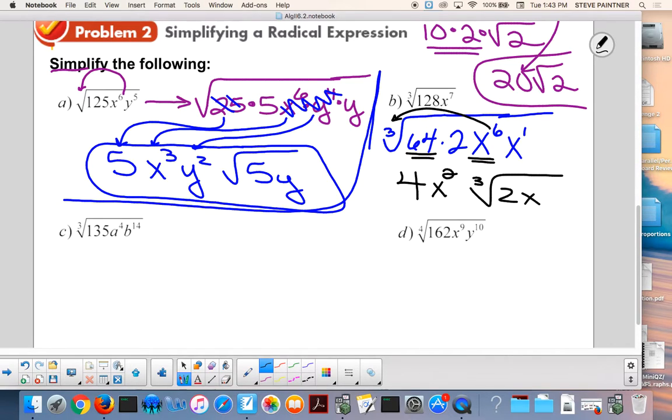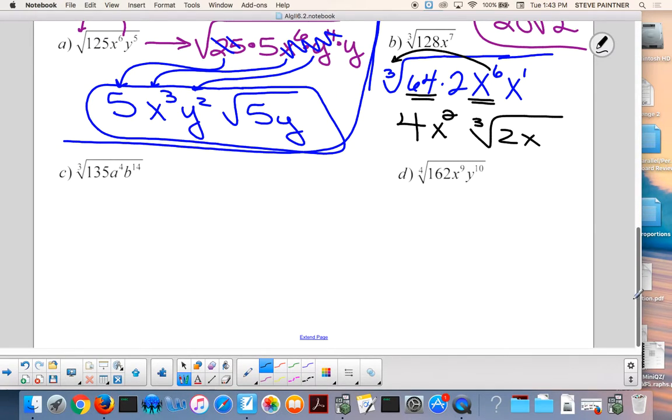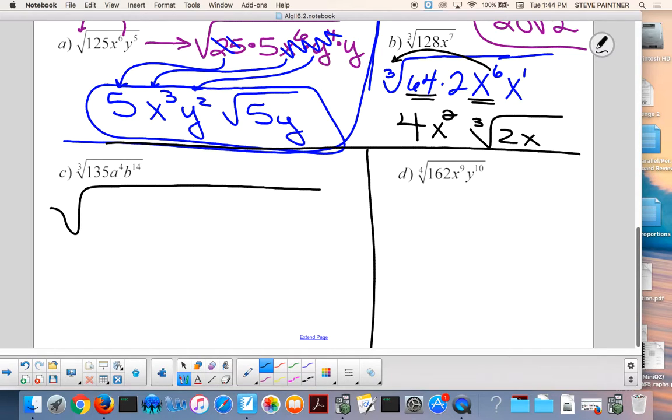Another cube root. Try it. Look for perfect cubes that go into 135.